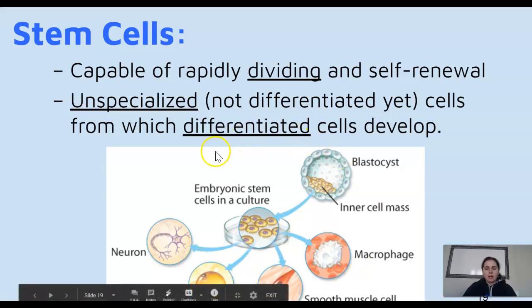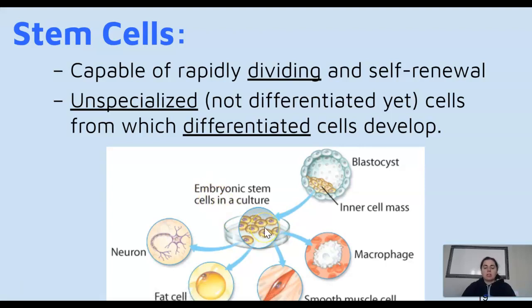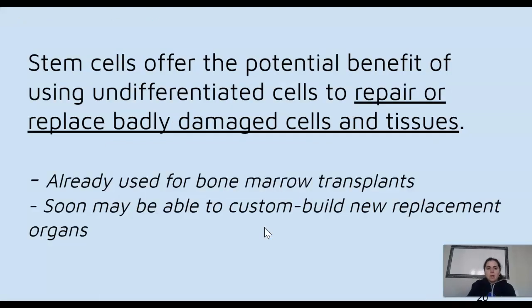They show here that this can be a macrophage, muscle, neuron, blastocyst, skin cell. There are all sorts of things that these stem cells could eventually become. Stem cell research is really revolutionary.